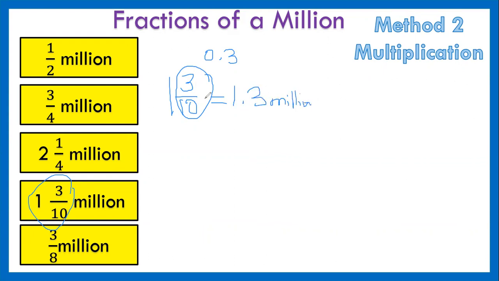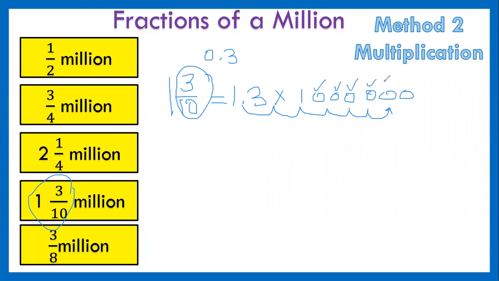And if I want to change it to a whole number, I'll have to multiply by 1 million. So times 1 million. And here I can use the moving decimal method to get to my answer. Now, how many times must I move? I move according to the number of zeros that I have. I have 6 zeros in a million, so I will move my decimal 6 places to the right.